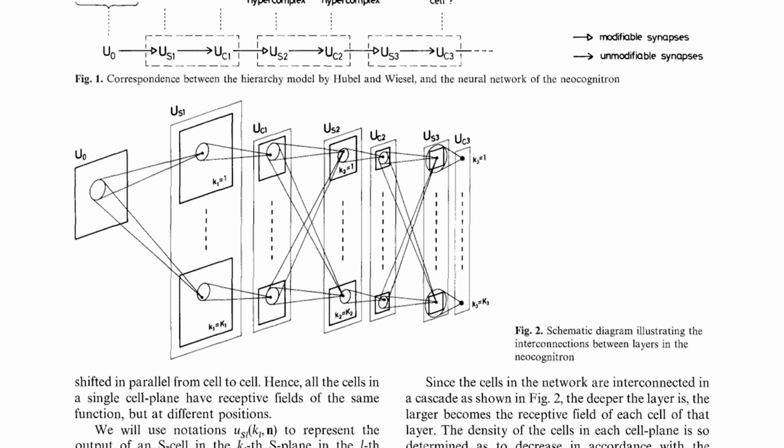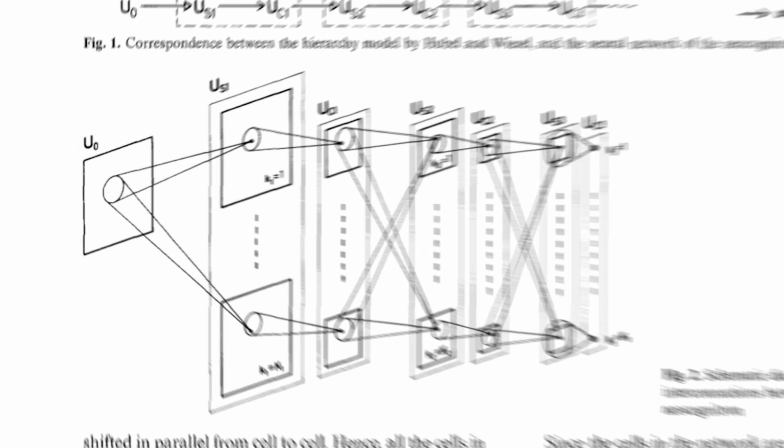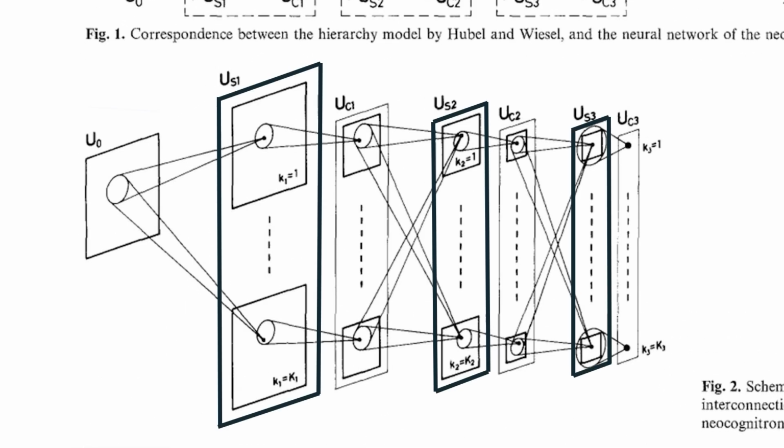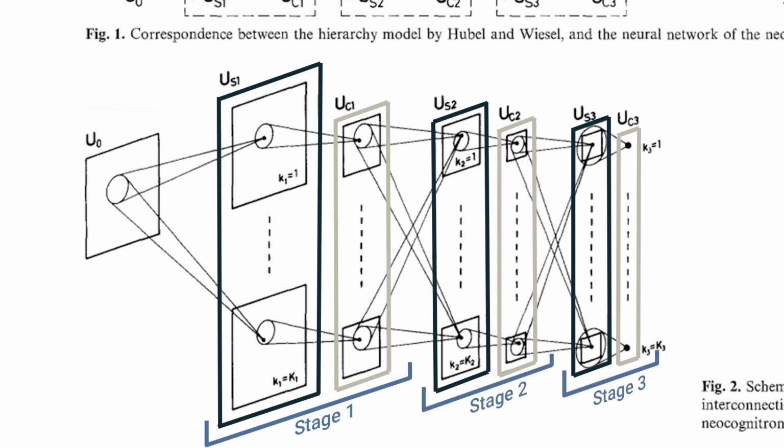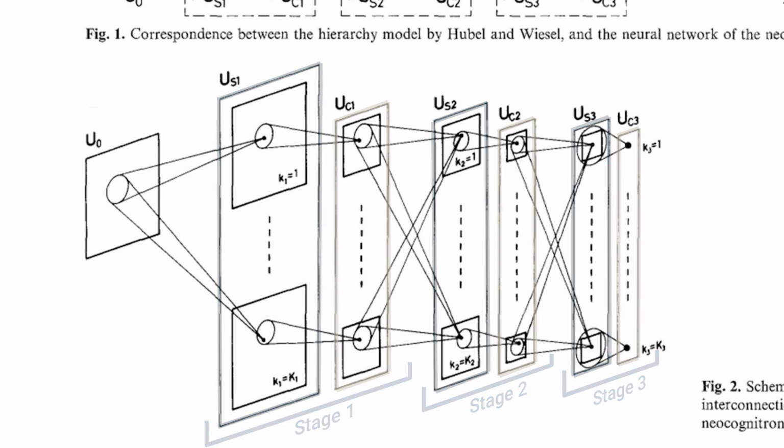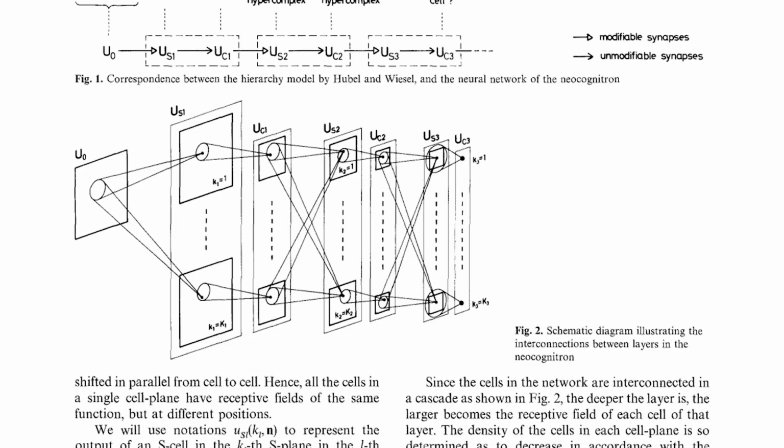It was built with alternating layers of what he called S layers for simple cells and C layers for complex cells. A couple consisting of an S layer followed by a C layer is called a stage, and the whole neocognitron network is constructed of 3 stages. This layout is very similar to what we see in early CNN architectures.